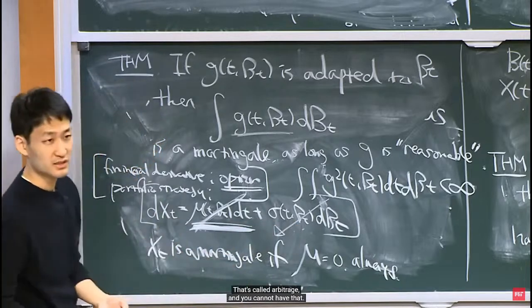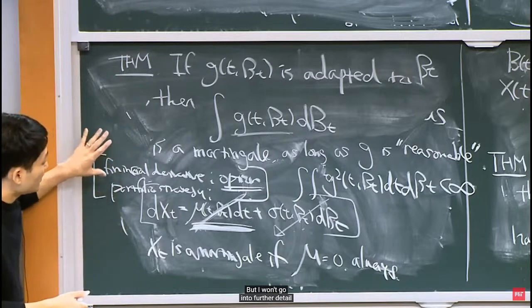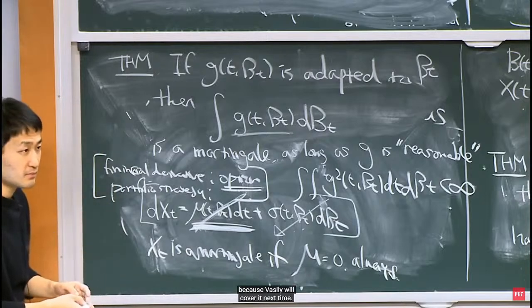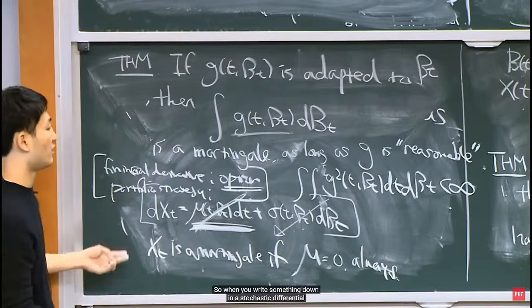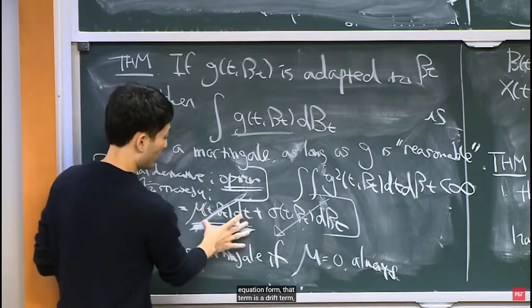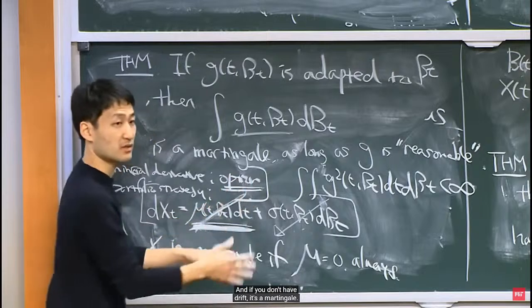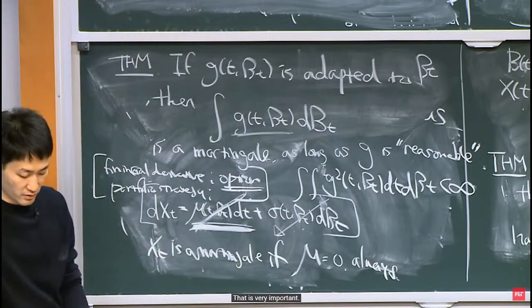That's called arbitrage, and you cannot have that. But I won't go into further detail because Vasily will cover it next time. But just remember that flavor. So when you write something down in a stochastic differential equation form, that term is a drift term, that term is a variance term, and if you don't have drift, it's a martingale. That is very important.